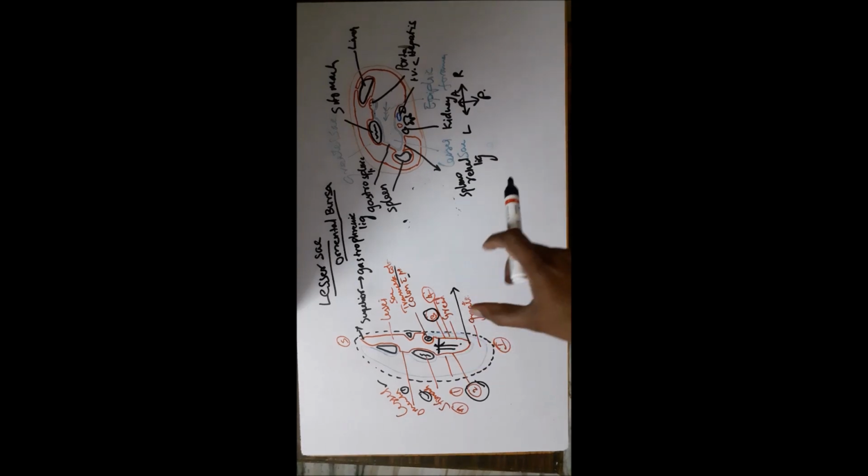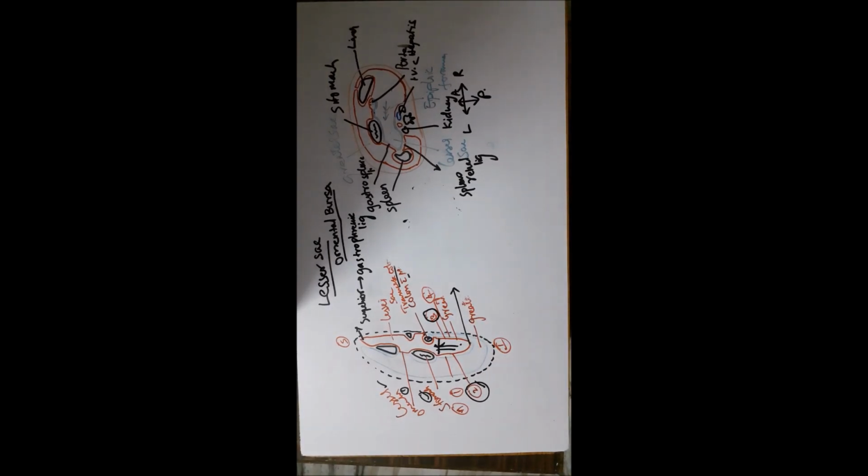The second and third layers, or you can say the anterior and posterior layers of the greater omentum, get closer to each other and this space will be obliterated. So this will be the inferior border, between the anterior and posterior layers of the greater omentum.